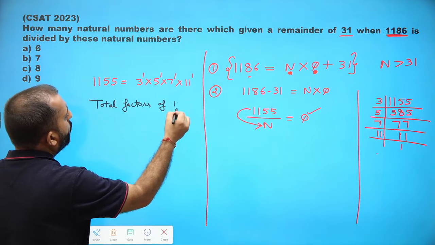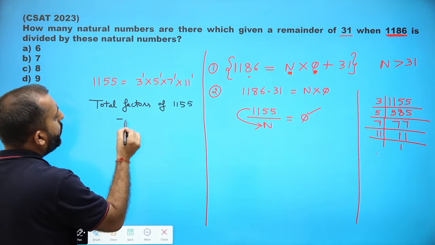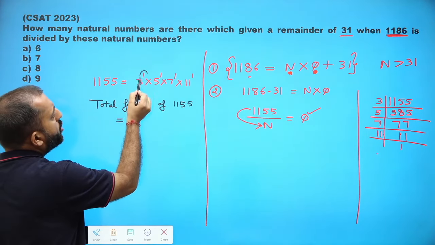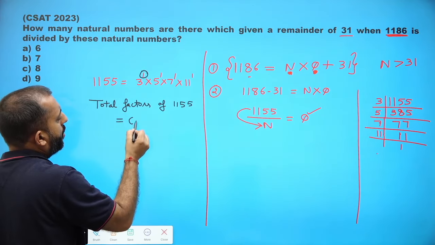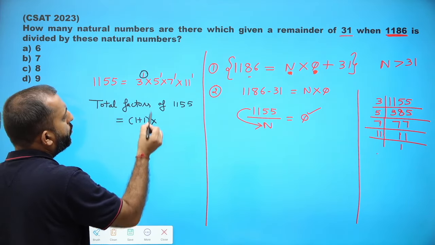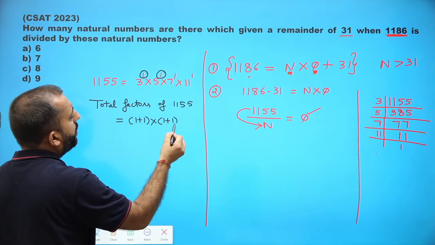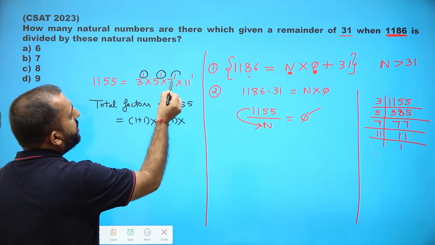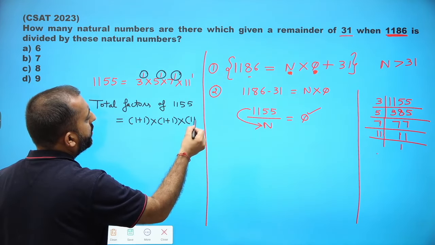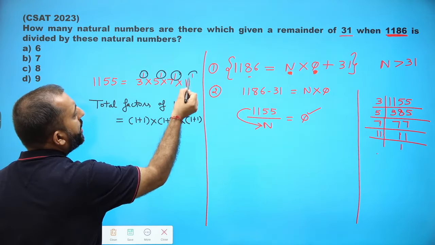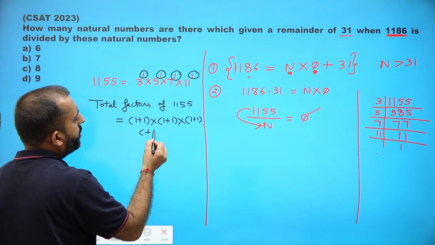Now, total factors of 1155 will be, see, power of 3 is 1, so add 1 to it, into power of 5 is 1, add 1 to it, into power of 7 is 1, add 1 to it, into power of 11 is 1, add 1 to it.